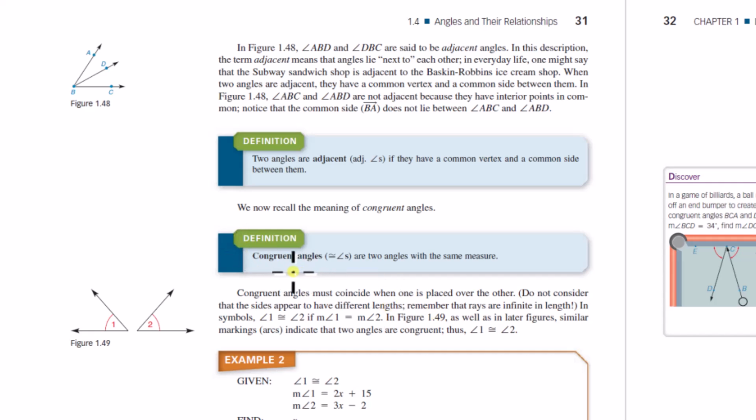Congruent angles have the same measure. If this angle over here has a certain measure, and this angle over here has that same measure, to determine congruence you could just reorient them, line them up, flip them, do whatever you want, and if they line up perfectly, they're congruent.